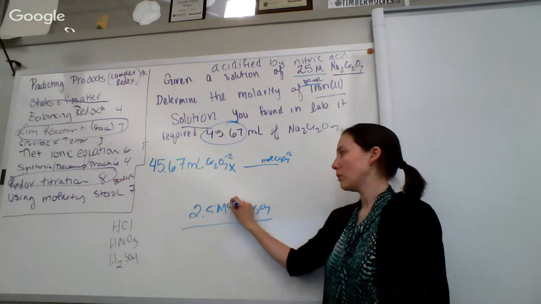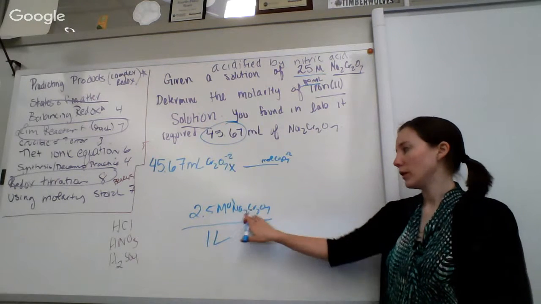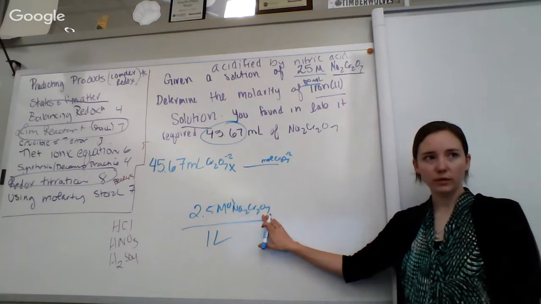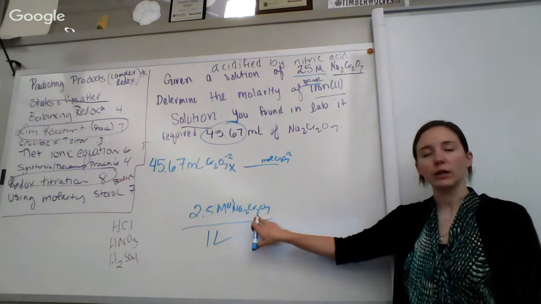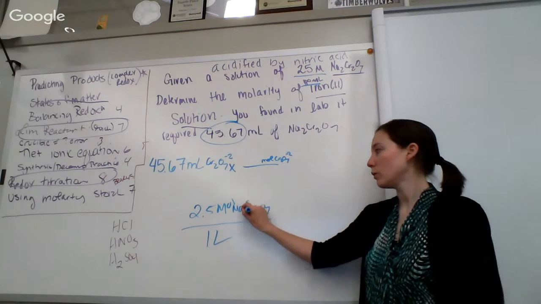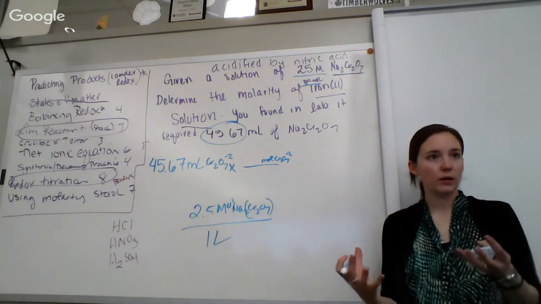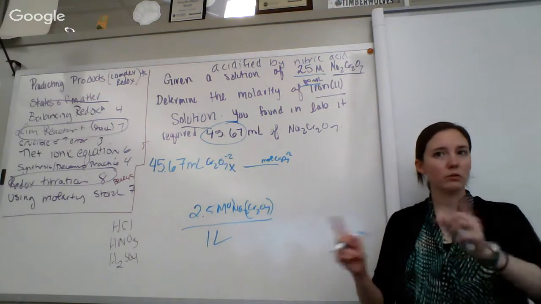So that means that's how many moles I have for every 1 liter. And if you're thinking to yourself, well, if I just get rid of that sodium when they separate out, how many dichromates do I have in here? I just have 1 dichromate. So every time it dissolves, I still have 1 dichromate. So it's a 1-to-1 mole ratio.